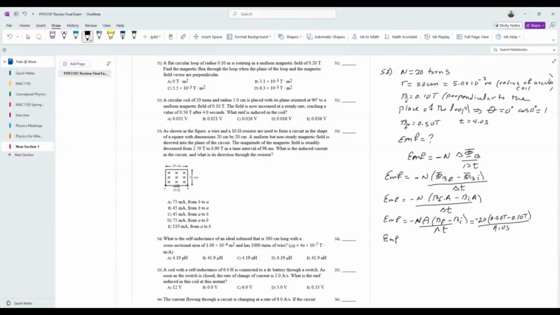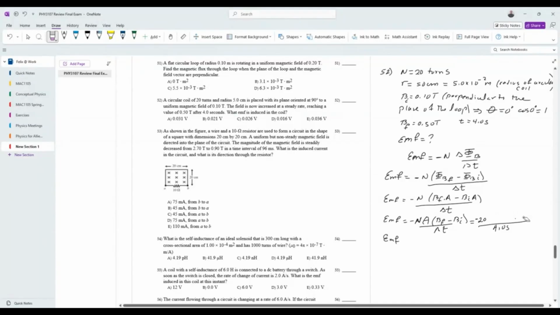So when we calculate the induced electromotive force, it would be, oh, I forgot to include the area here, sorry.